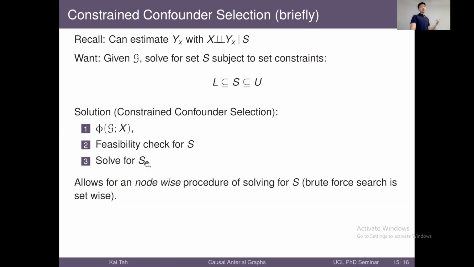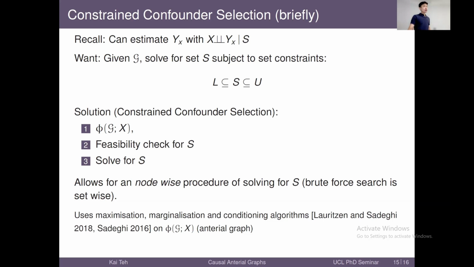If you brute-force search S, it's a set-wise operation and you have to do an exponential search, whereas here we can do a node-wise search, checking for each node whether we're going to include it in our set S. That's the flavor of the procedure. To allude to why I can do this, I use previous results on ancestral graphs, and we can do this because this here is an ancestral graph.